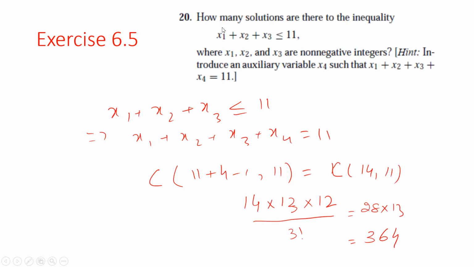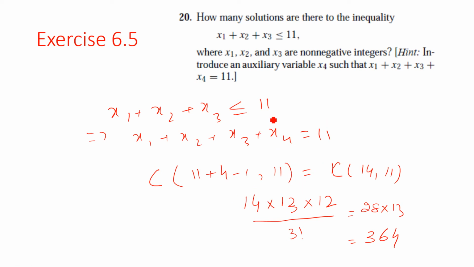Question number 20. How many solutions are there to the inequality x1 plus x2 plus x3 is less than or equal to 11, where x1, x2, x3 are non-negative integers? So a hint is given here. Introduce an auxiliary variable x4.